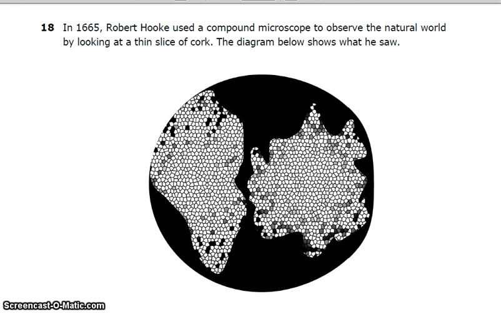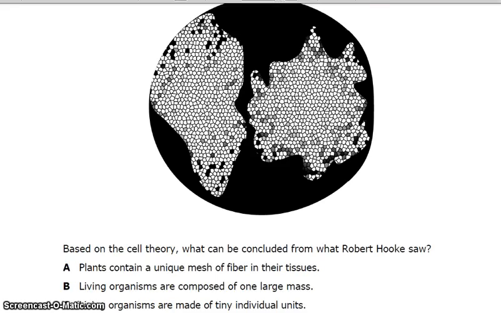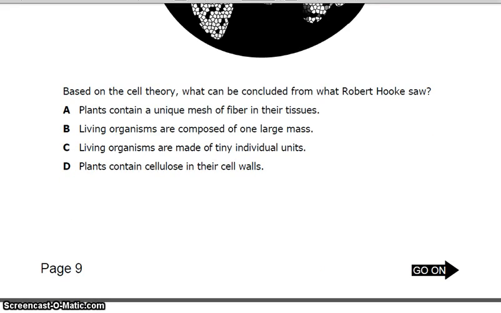Question 18. In 1665, Robert Hooke used a compound microscope to observe the natural world by looking at a thin slice of cork. The diagram below shows what he saw. Based on the cell theory, what can be concluded from what Robert Hooke saw?